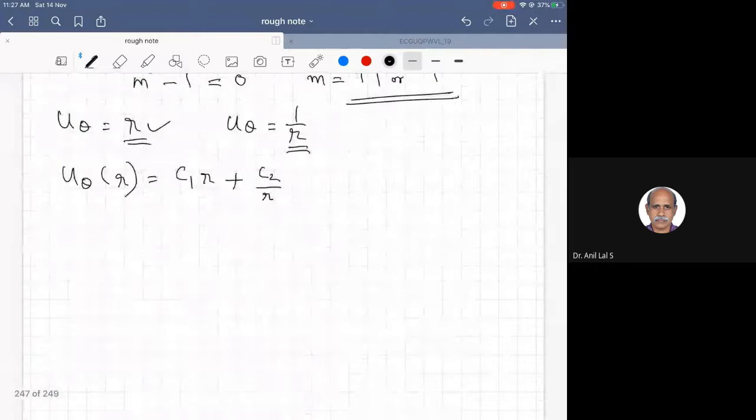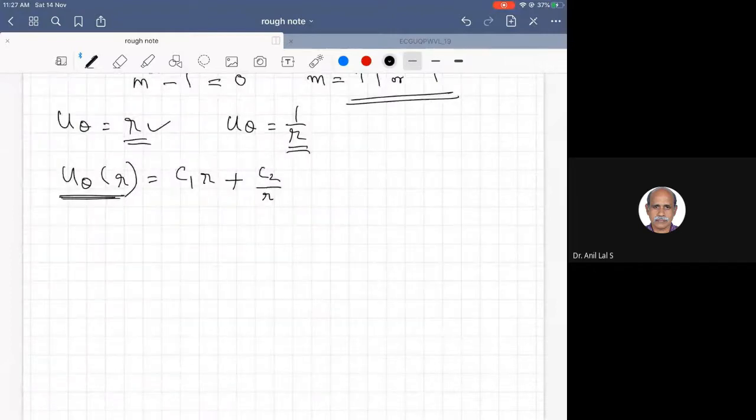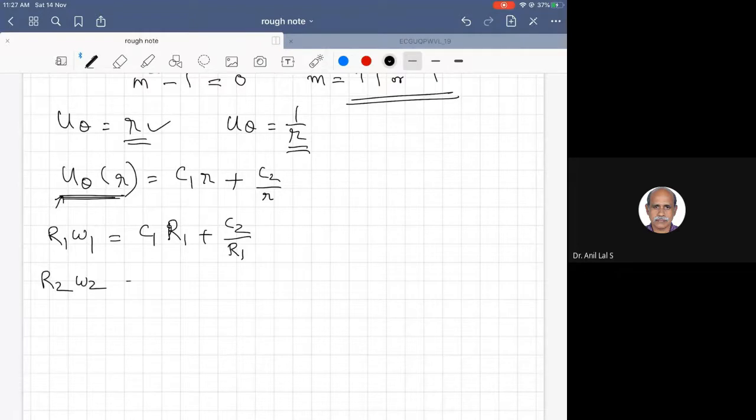So at r is equal to capital R1, we have R1 omega 1 equal to C1 R1 plus C2 by R1, and R2 omega 2 is equal to C1 R2 plus C2 by R2. Now there are two equations which can be solved for C1 and C2.